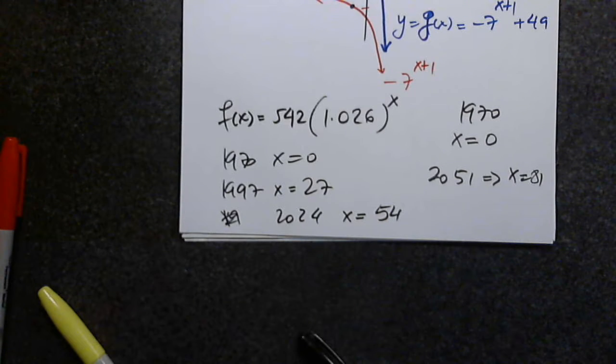Again, what do I plug in? So in 1970, it was 542. 27 years later, 1083. 27 more years later, 2167. 27 more, 4334. I'm going to copy all these numbers.